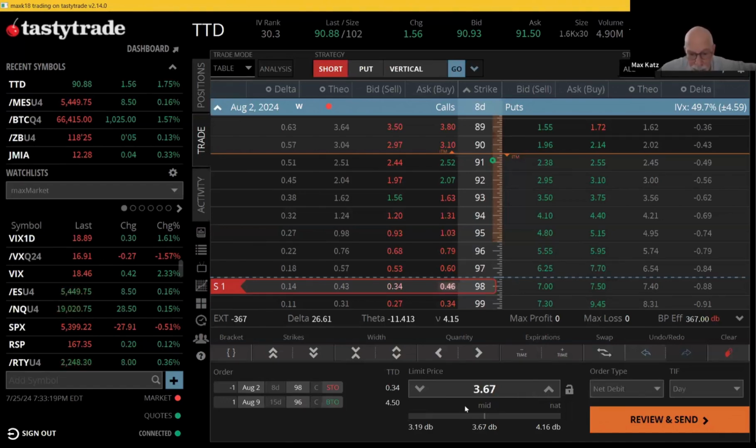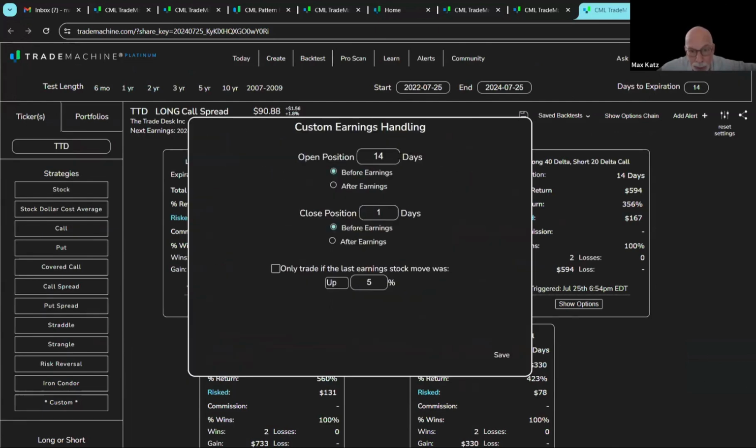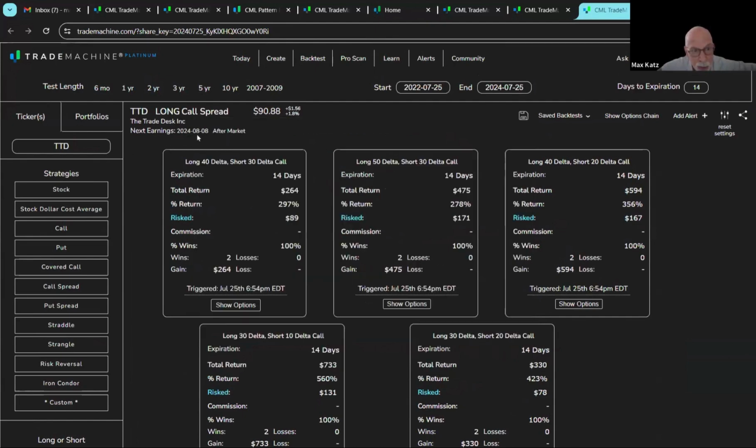So I went back to the other screen and created an alert that was just a long call spread for TTD. 14 days to expiration. We're going to be opening it 14 days, which is today, before the earnings, closing 1 day before earnings. The earnings are on August 8th.